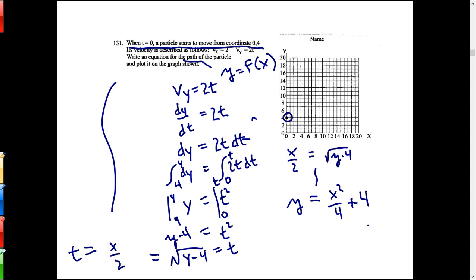That's a bit of a parabola. When you plug in 0, you get y equals 4, so it's going to do something like that. You're taking two relationships with respect to time and converting them into one relationship that relates x and y directly, so you can come up with a path.